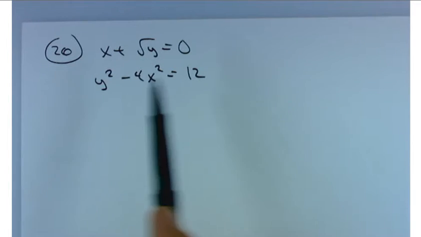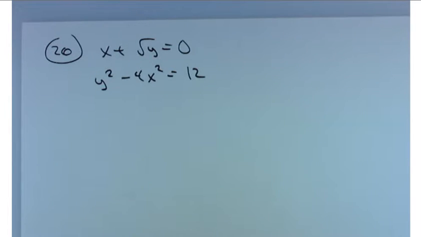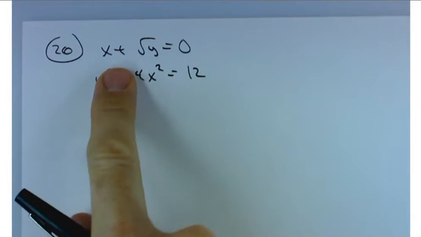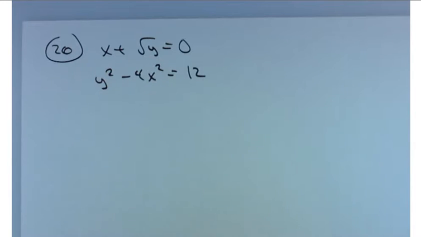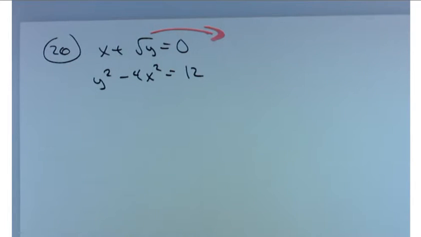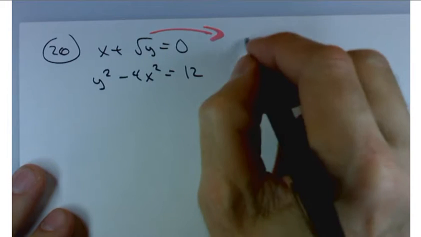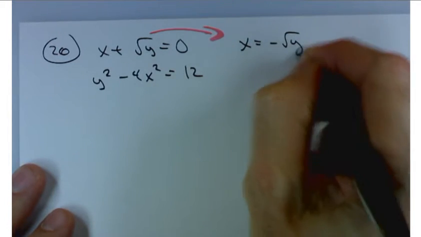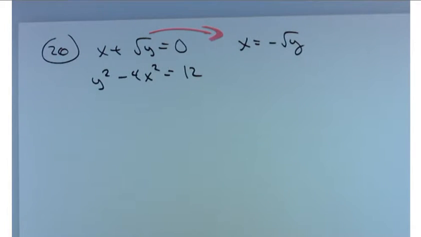Well, you can't exactly square the top one as it is right here. All right. What if we move the square root to the right-hand side? Then you have x equals negative the square root of y. Does that suggest or imply anything? It's a good suggestion.